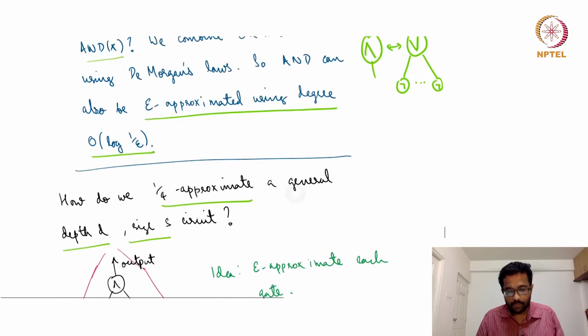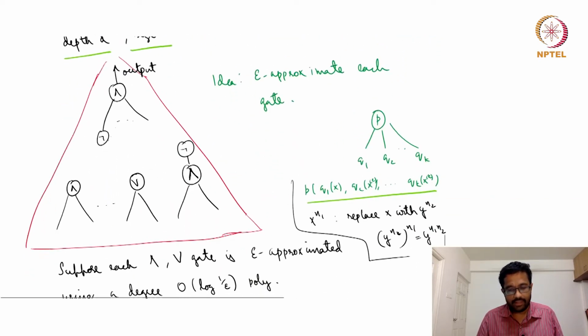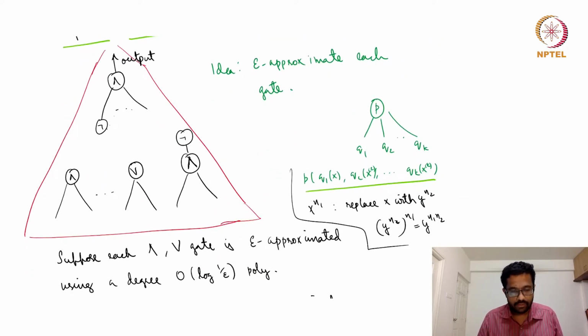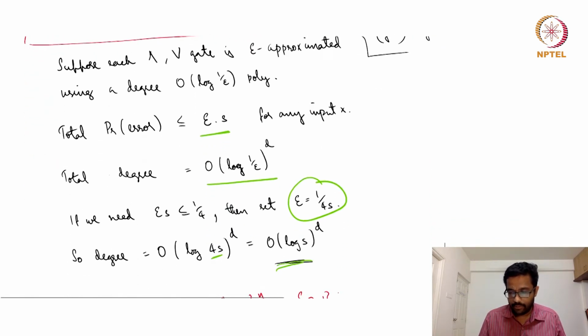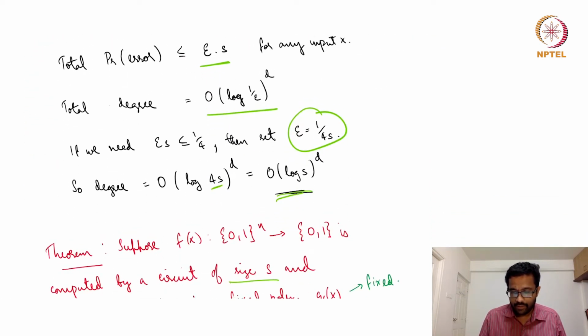The error is bounded by the union bound, so we choose epsilon small enough so that epsilon times the size is also less than 1 by 4. The degree will be the degree of any individual polynomial to the power the depth of the circuit, because it would be an iterated polynomial of a polynomial of a polynomial. So if you do the math, you will get that epsilon has to be 1 by 4s and the degree will be order (log s) whole power d, right?